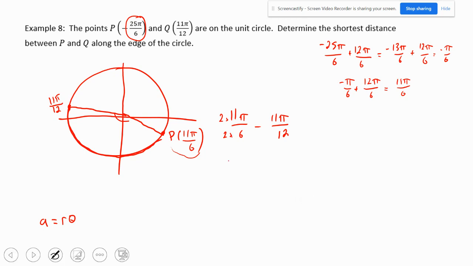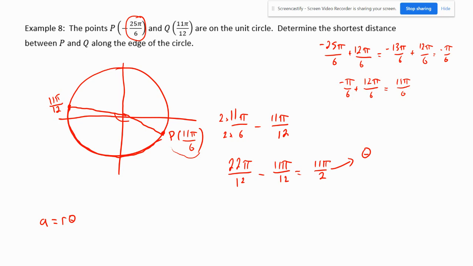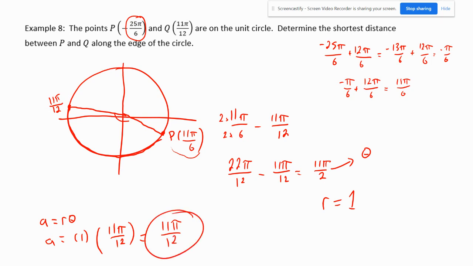So we get 22 pi over 12 minus 11 pi over 12. 22 minus 11 is 11 pi over 12. So this is my angle theta. Since this is on the unit circle, we know the radius equals 1. Therefore our arc length is 1 times 11 pi over 12, which equals 11 pi over 12. And this is our answer to this question.